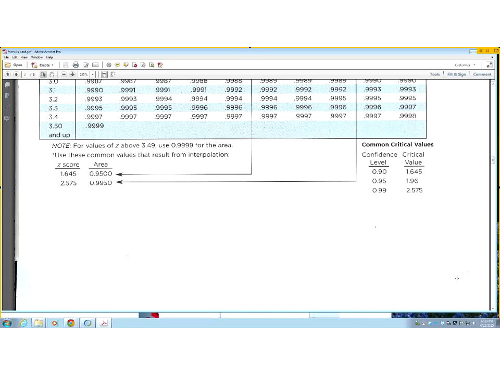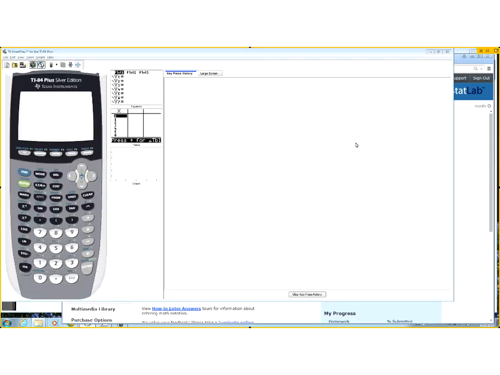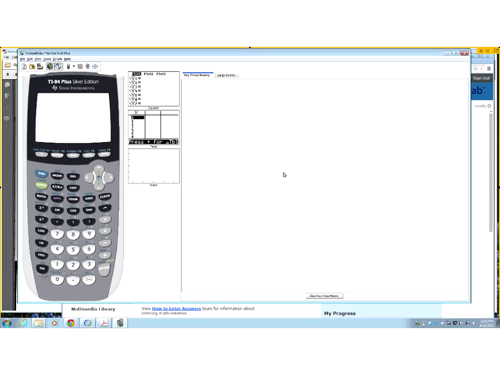All right, so what you just saw, I'm just going to type that into the calculator. So right now you should see the calculator on your screen. Okay, so remember we had the 1.645, and that was multiplied by the square root. And this is what's inside the square root. It was p hat 1 times q hat 1.